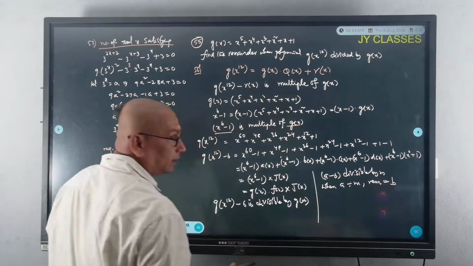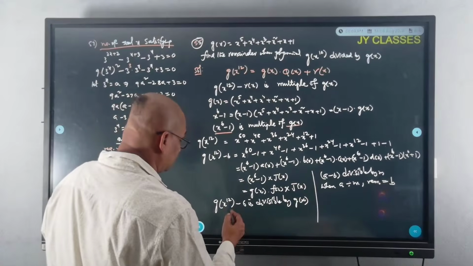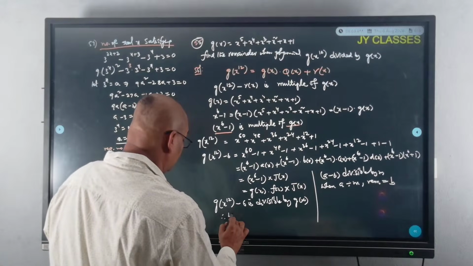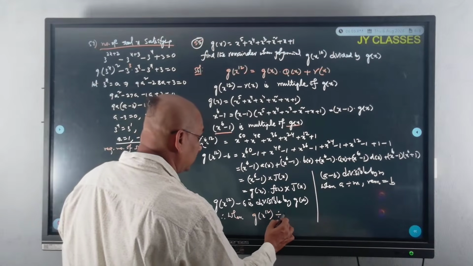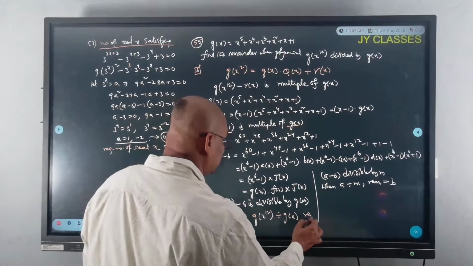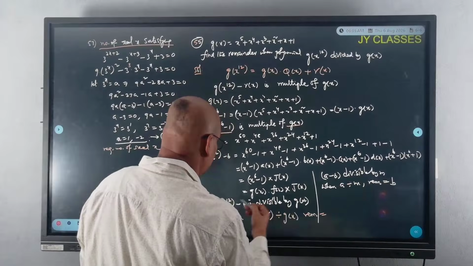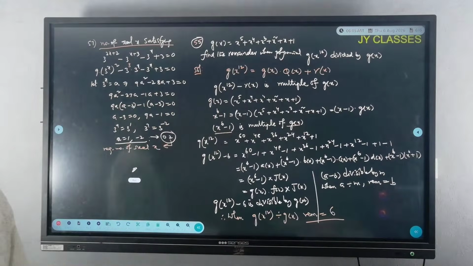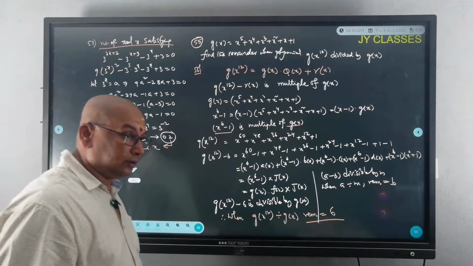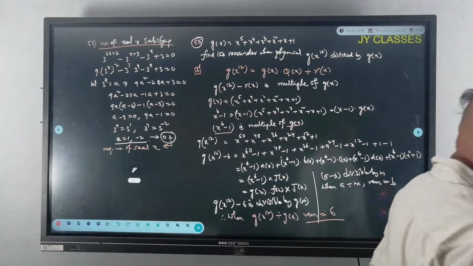B. You know modulus concept. So here, when gx power 12 is divided by gx, what is the remainder here? What is b here? 6. So the remainder is 6. It's a good question. Solve it.